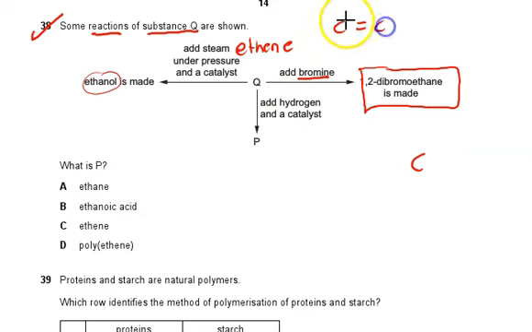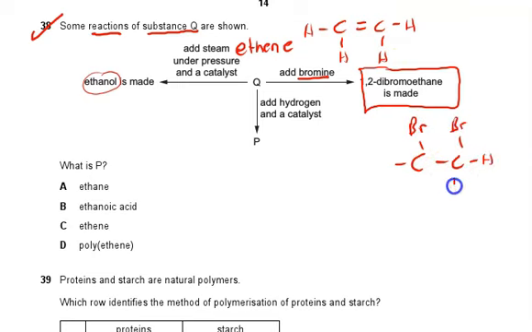You have a double bond. Here's H and here's H. When this double bond is broken, you will have bromine and bromine. And add hydrogen and a catalyst.